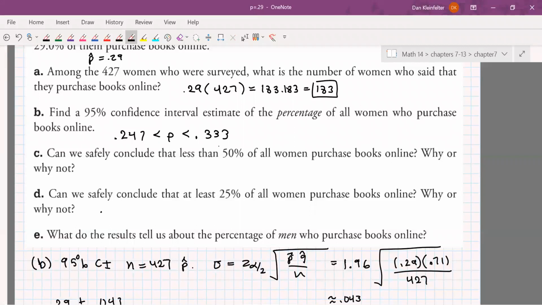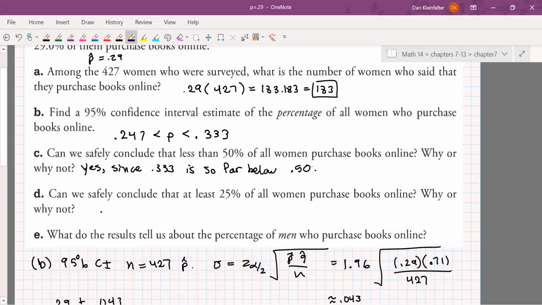And since we're 95% confident in that, the upper end is 0.333, which is pretty far below 50%. I would say yes. So we could say yes, and then we could say since the upper end of our interval, 0.333, is so far below 50%.